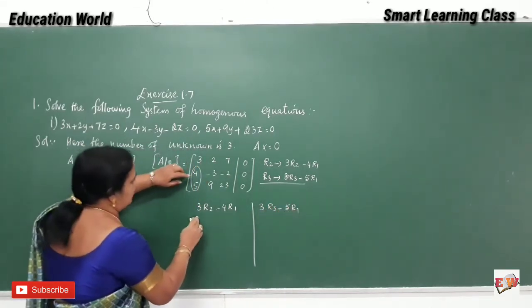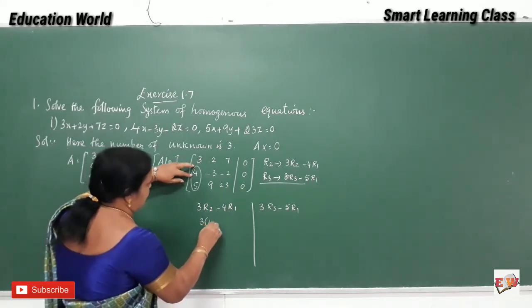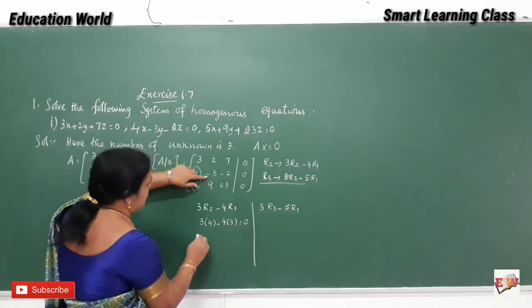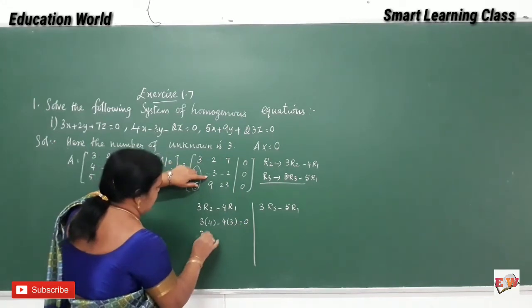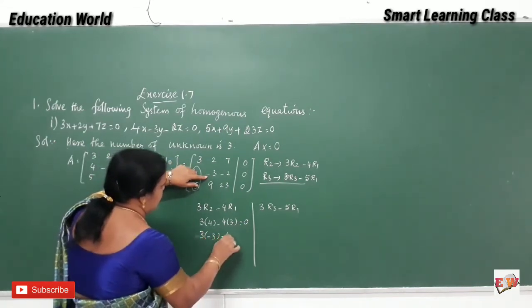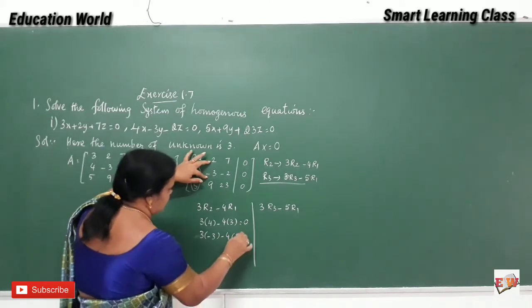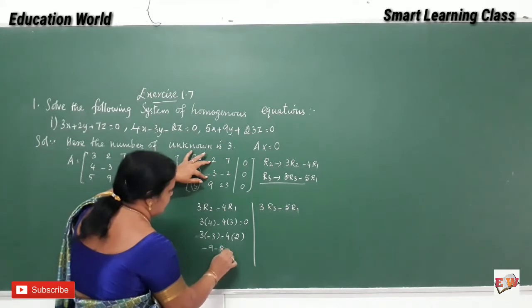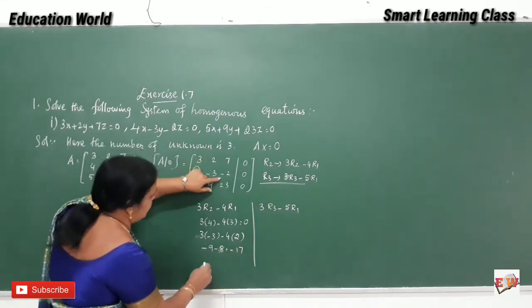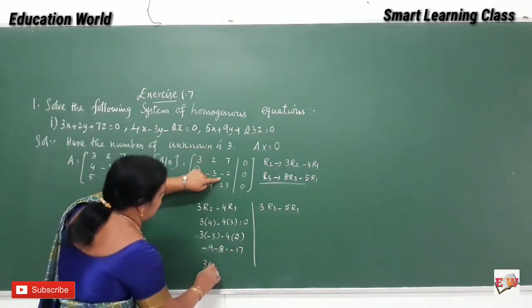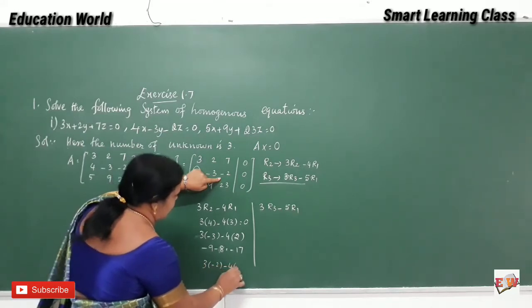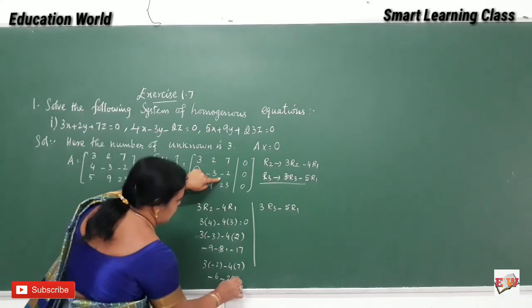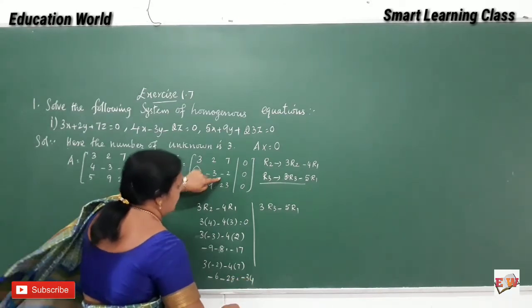For 3R2 minus 4R1: 4 minus 4 into 3 equals 0. Here 3 into minus 3 minus 4 into 2 is minus 9 minus 8, equal to minus 17. Here 3 into minus 2 minus 4 into 7 is minus 6 minus 28, equal to minus 34.